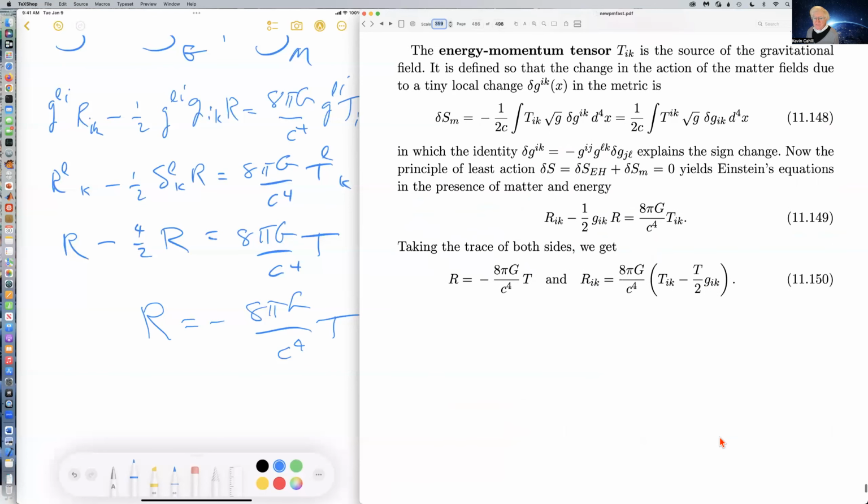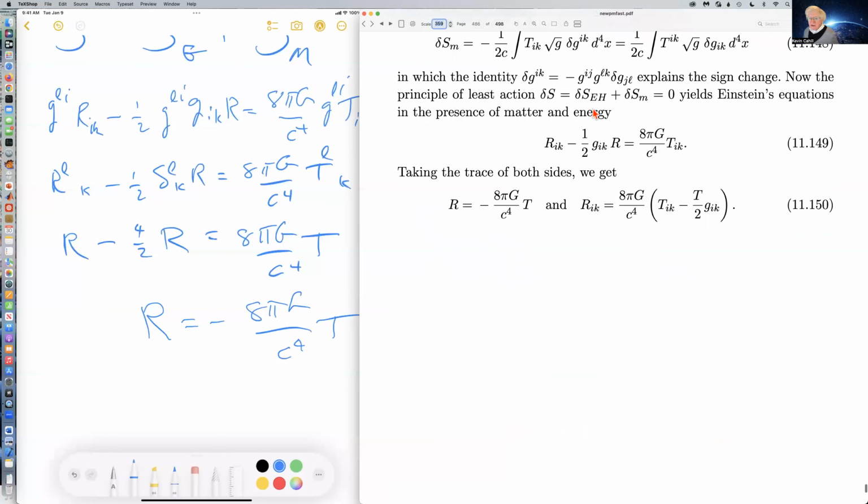So these are basically the Einstein equations that are used in cosmology. The basic equations, namely this one that says how the gravitational field responds to the energy momentum tensor.